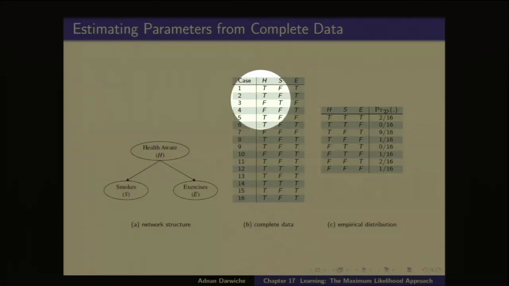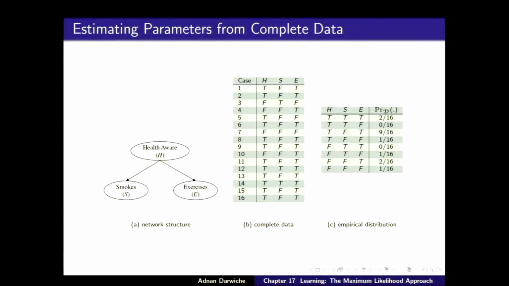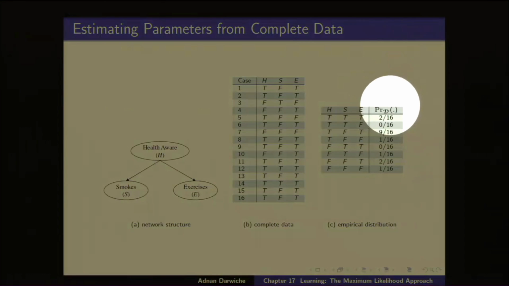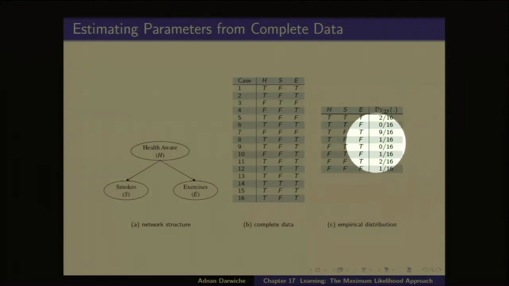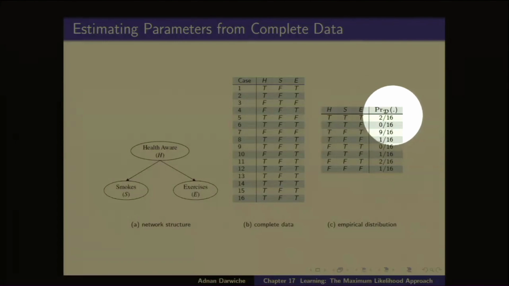Now, what's going to be relevant here is this notion of an empirical distribution. What's an empirical distribution? Look at the notation here: Pr with subscript D. D is data. We use this symbol to represent a data set. All we're doing here is counting. I have three variables, therefore 8 possible instantiations. Look at the first instantiation: everything is true, true, true. What's the empirical probability?